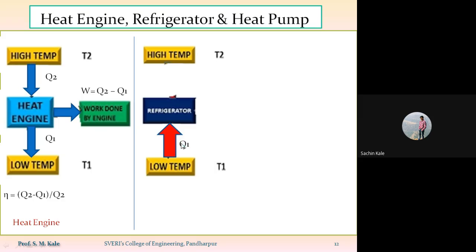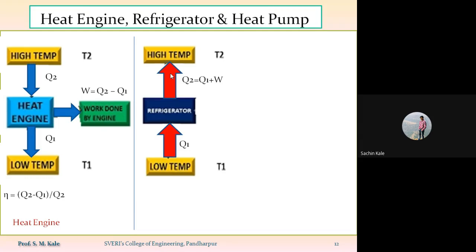If I want to transfer this Q1 amount of heat to the higher temperature region, suppose Q2 is the amount of heat rejected from the refrigerator to the higher temperature region.